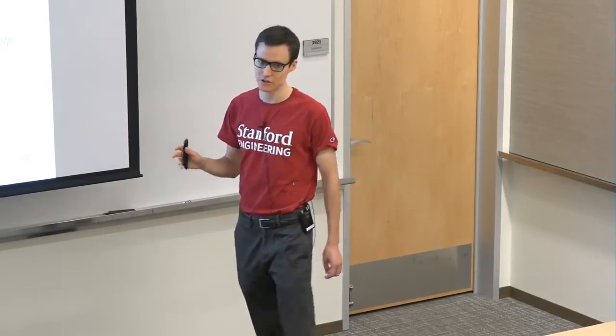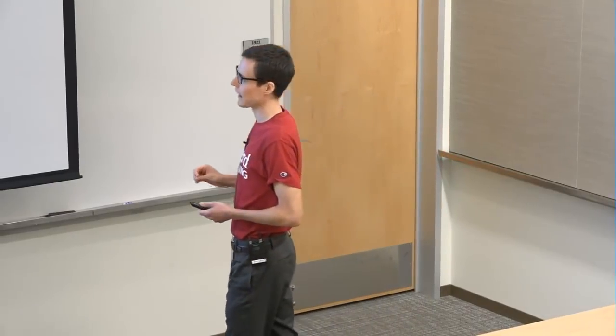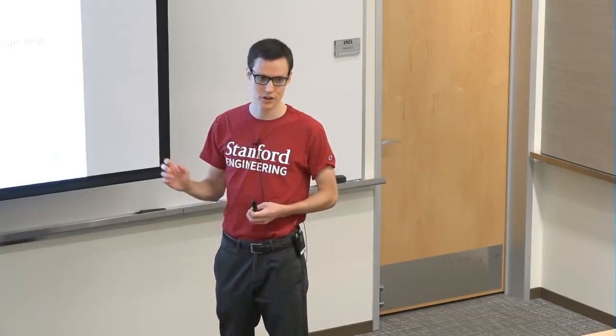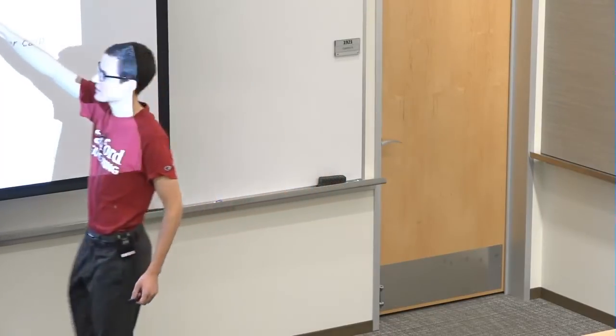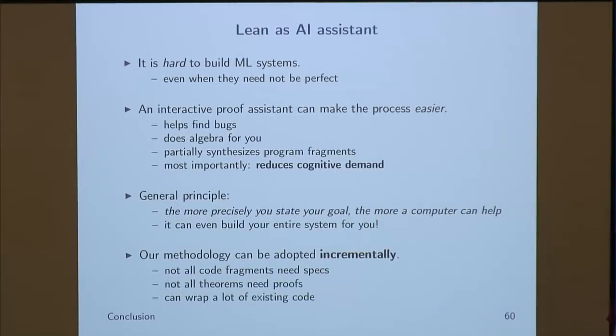Overall, this methodology is right now still substantially more work than just writing it, especially if you don't care about it being correct and you're willing to tolerate silent failures. But I'd say I got the vast majority of these benefits, especially reduced cognitive demand, way before I had verified the system.